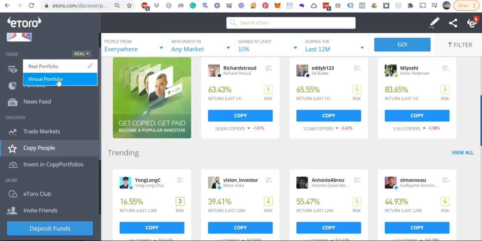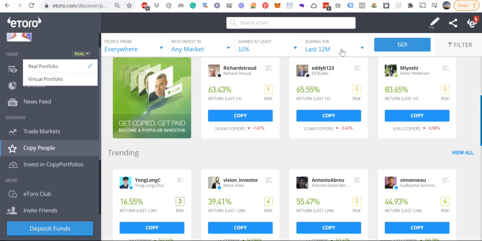There is a virtual account as well when you sign up. I definitely would recommend using a virtual account first, where you get something like $100,000 of pretend money, and then you can get used to the platform, copy people, and even make some trades in markets if you want to.